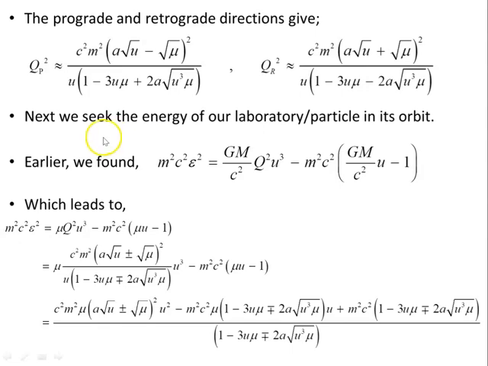Okay, now next we seek the energy of our laboratory particle in its orbit, so we're after that energy parameter epsilon. Now earlier we found m squared, c squared, epsilon squared was all of this. All right, and that, if we now substitute in our q squared value in here, we get mu here times q squared times u cubed minus all this over here.